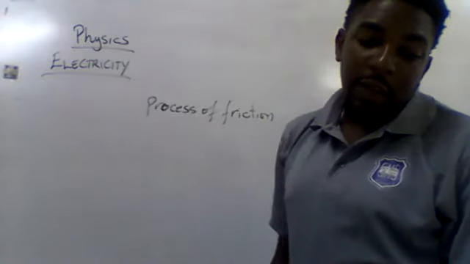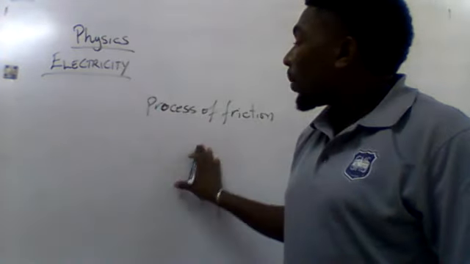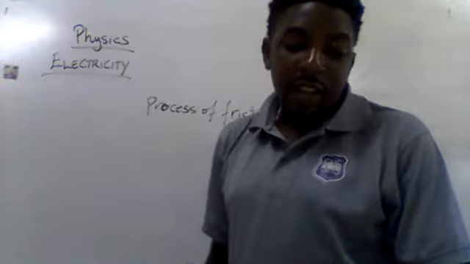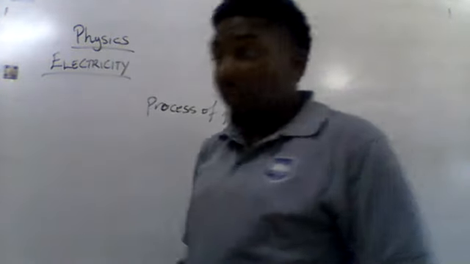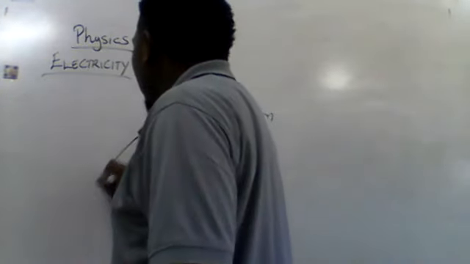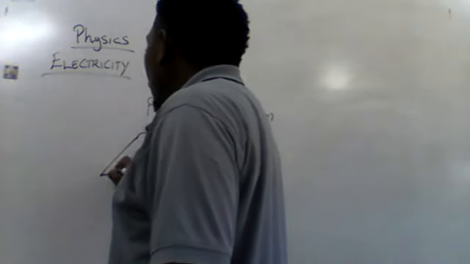Okay, so that's the process of friction. In the case of a glass rod and a cloth, we have a neutral glass rod.